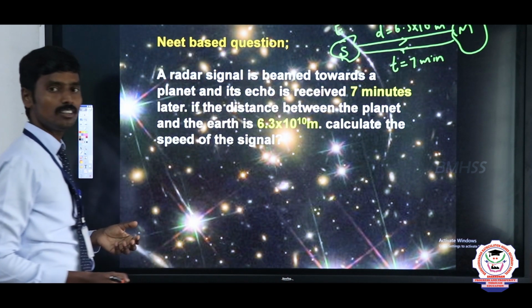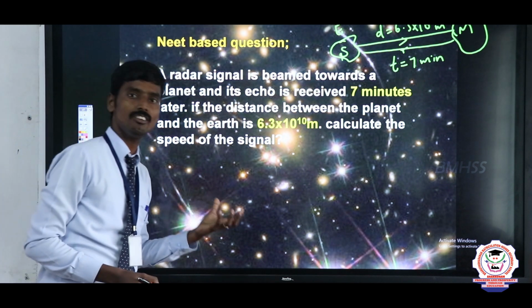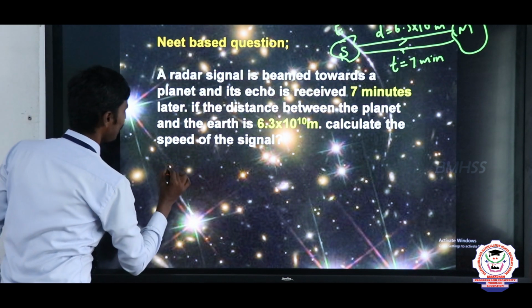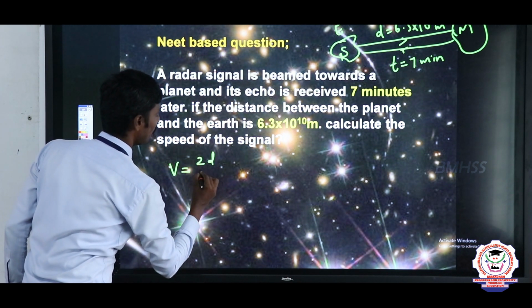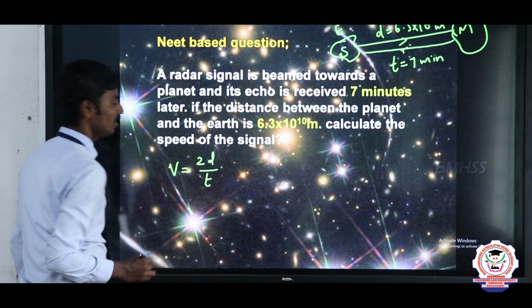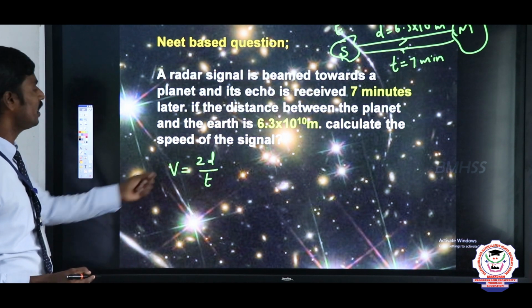Already we know that the speed of the radio waves v equals 2d divided by the time taken. Okay, this is the general expression for the speed of the radio waves.